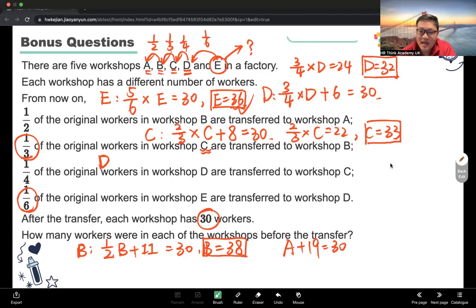So you find what A is. One number plus 19 equals 30. 11, that's right. A equals 11. Okay, that means originally in workshop A, you had 11 workers, and for B, 38, C, 33, D, 32, and E, 36.